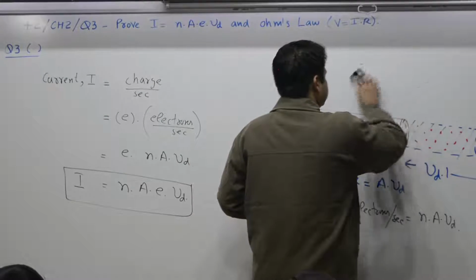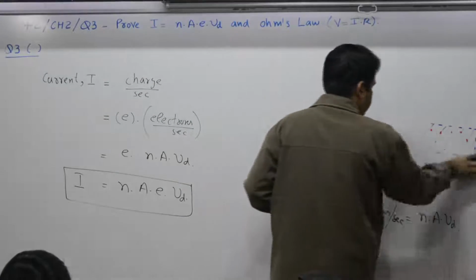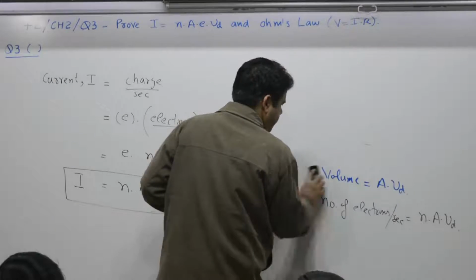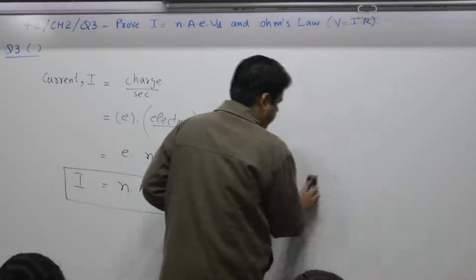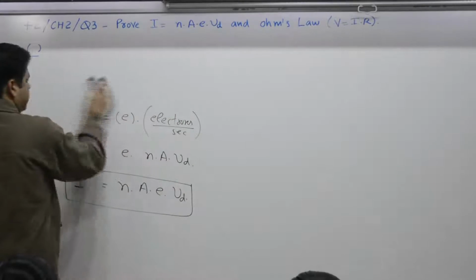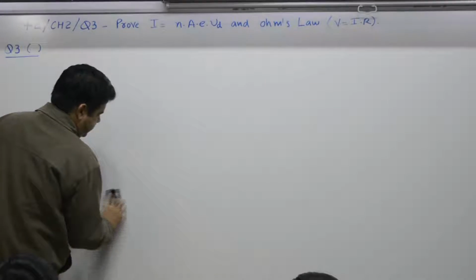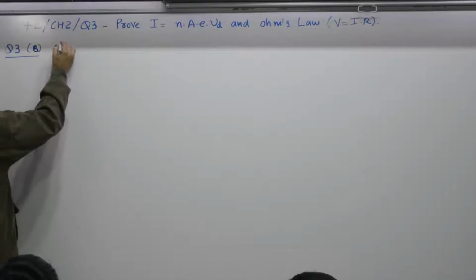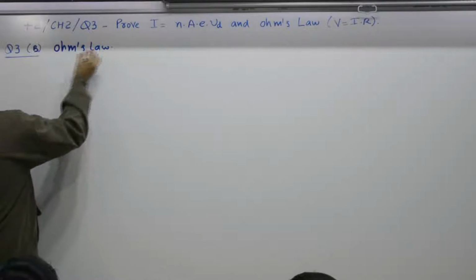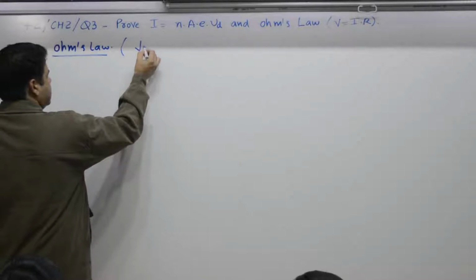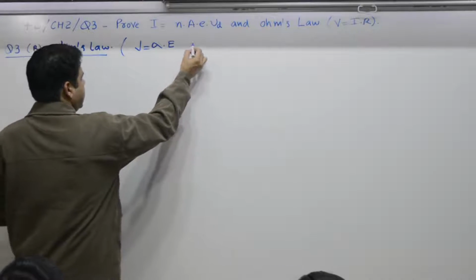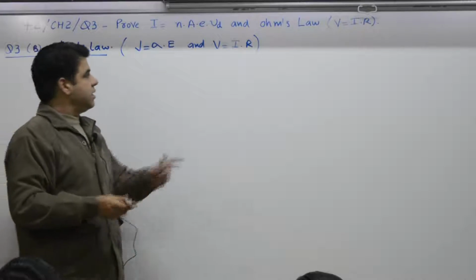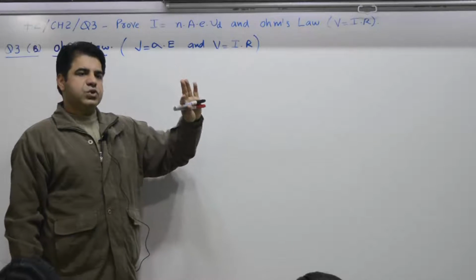B part is Ohm's law. Two forms of the same: one is J is equal to conductivity times E and V is equal to I into R. This is the macroscopic form which you have applied in school.